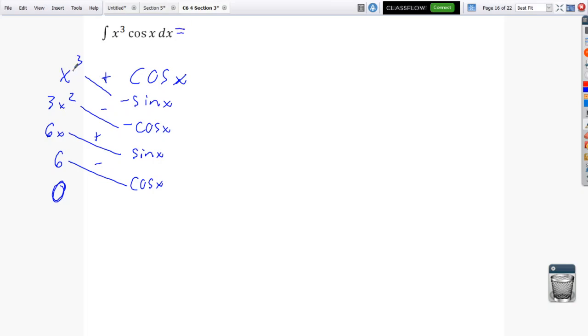So look in here, I've got x cubed times negative sine of x. Well, positive times negative gives me negative x cubed sine of x minus, but we've got positive times negative, so this becomes plus because I have the minus minus. 3x squared cosine of x plus 6x times sine x.